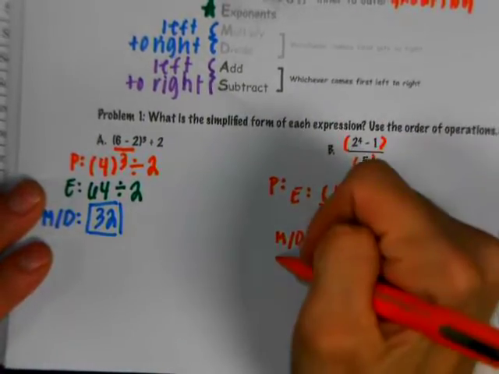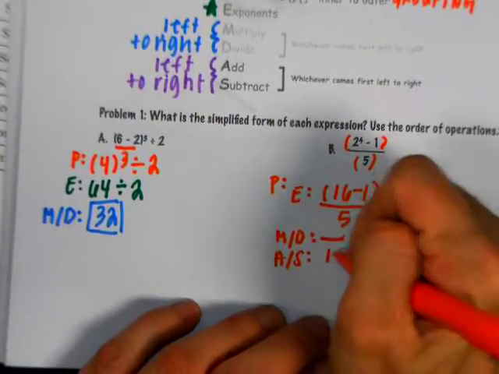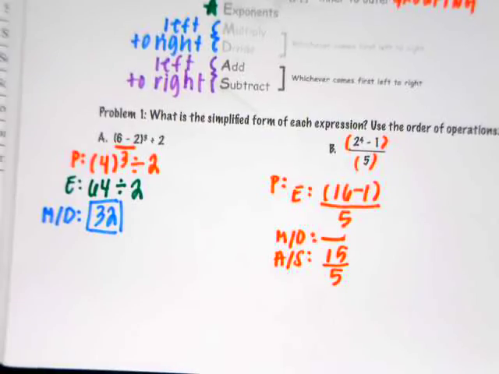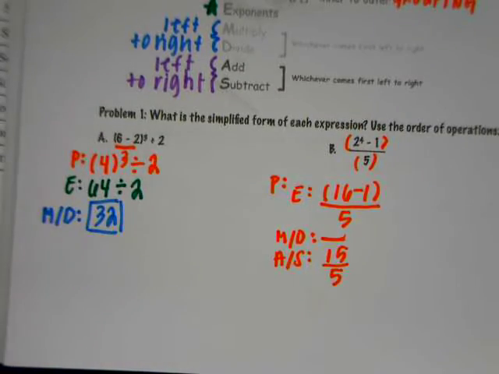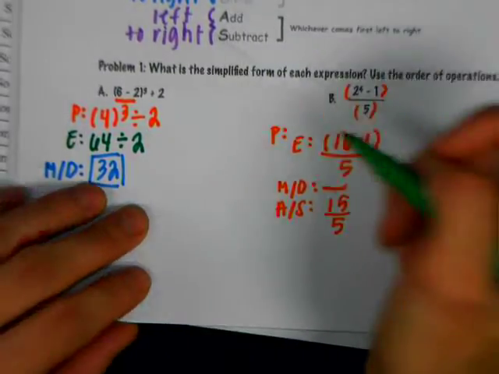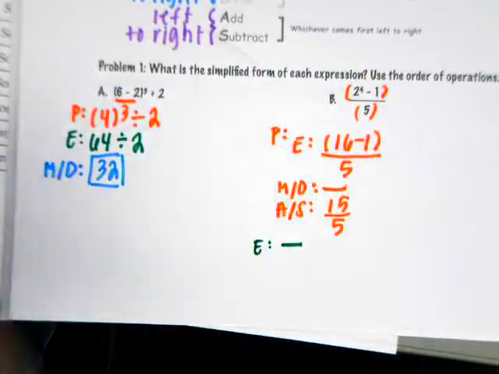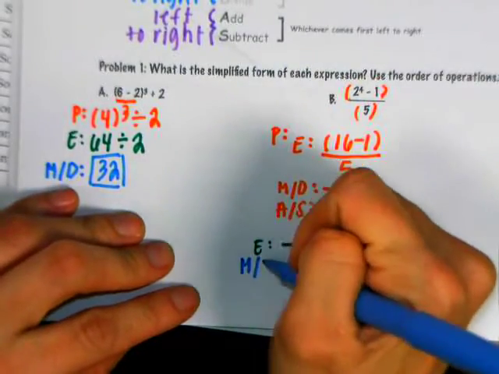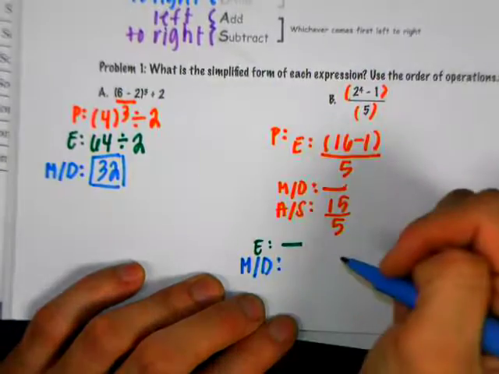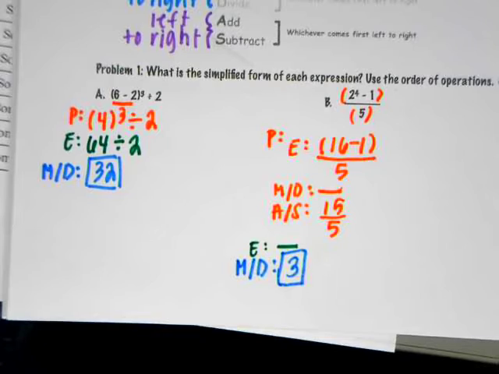Addition, subtraction we can do. 16 minus 1 is 15. So then we would be done with the grouping step, and we would continue. With what we have left, exponents, we don't have anything. Multiplication and division we do. 15 divided by 5 is what? 3. Yep. So that's going to be our answer.